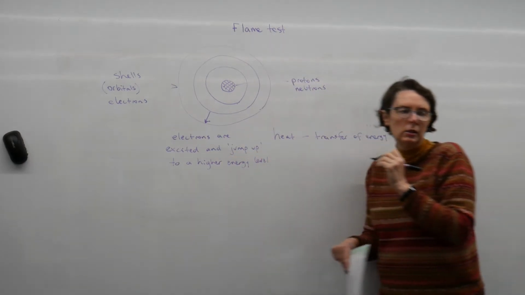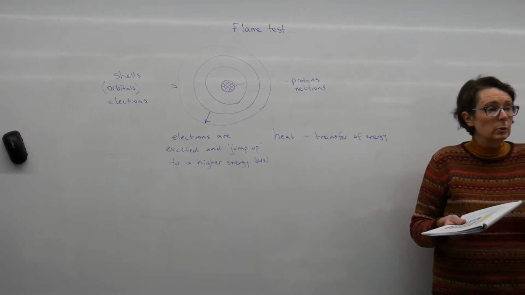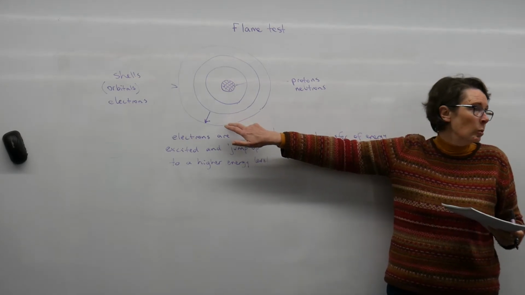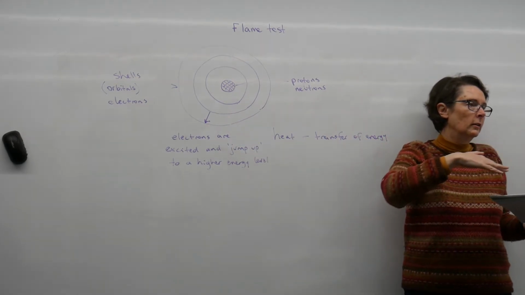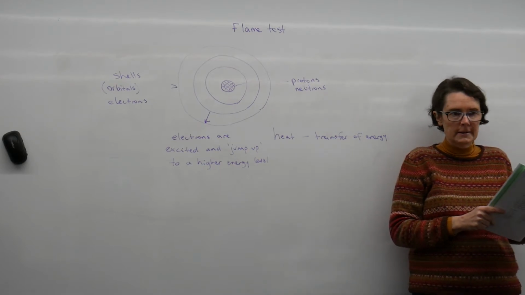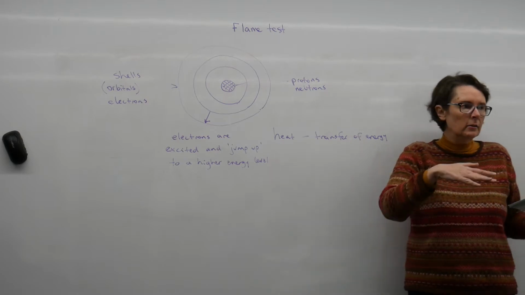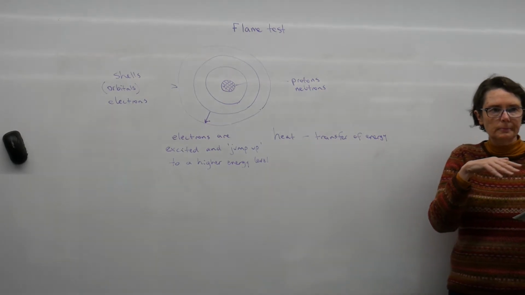Now, quantum mechanics tells us, and observation tells us as well, that electrons can't just wander around in between. They have to go up to another level. It's sort of like climbing the rungs of a ladder. You can stand on each of the rungs of the ladder, but you can't stand in between the rungs.